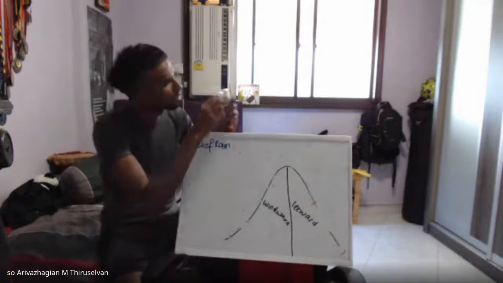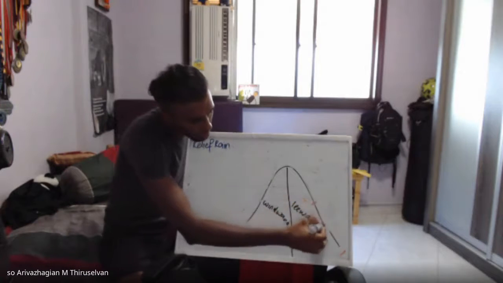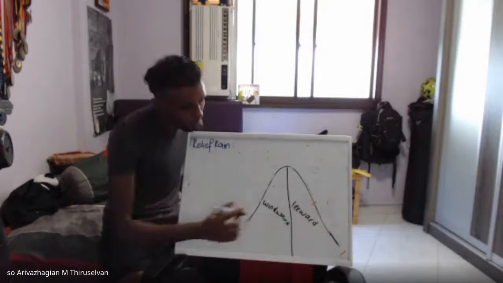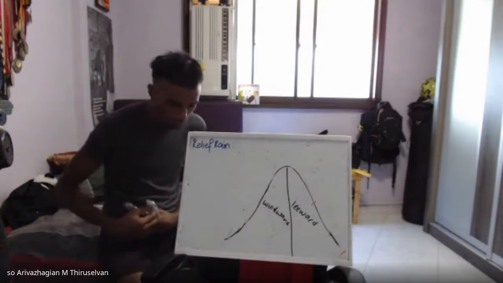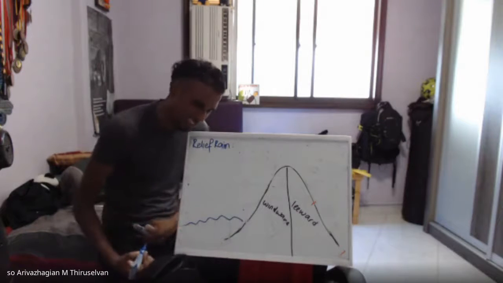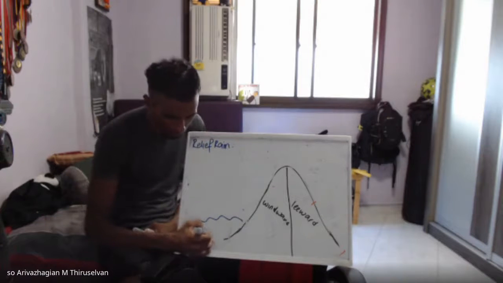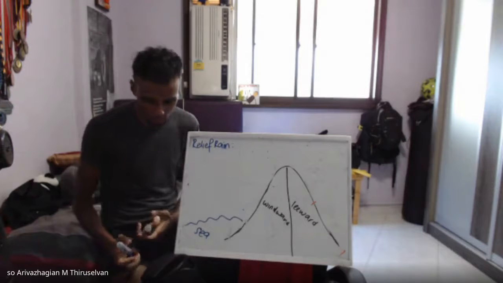Usually, relief rain is not as extreme as convectional rain is. It's a lot more bearable, a lot more manageable. It doesn't cause much flooding. It can cause some, but not too much.